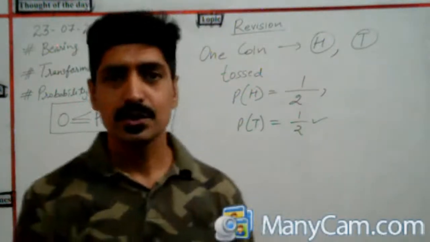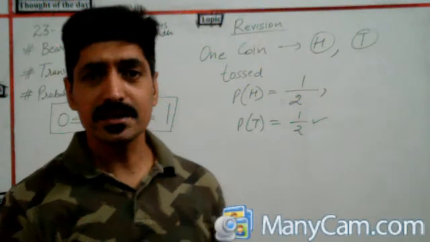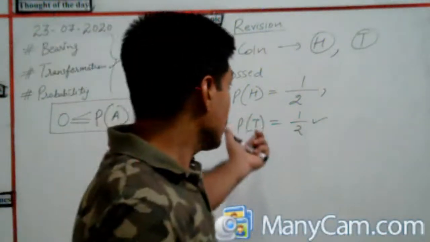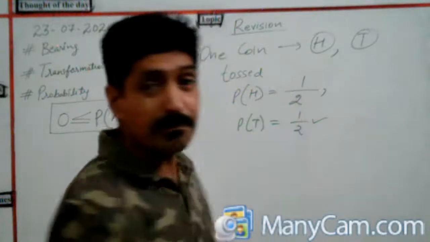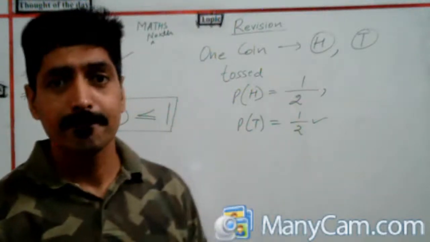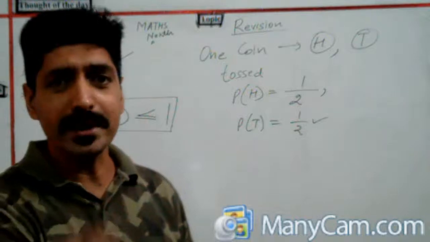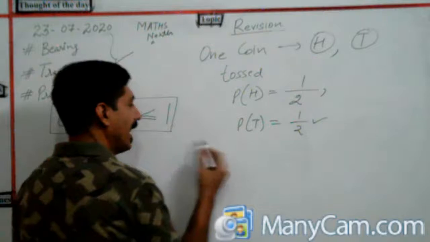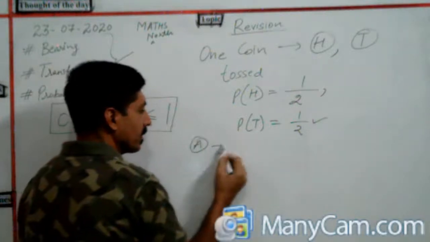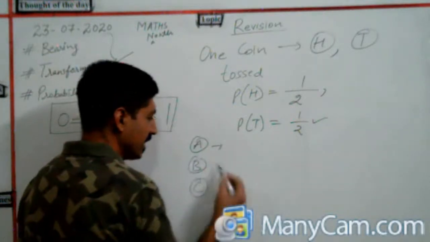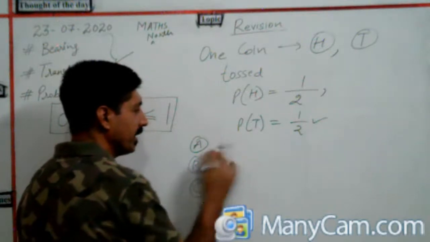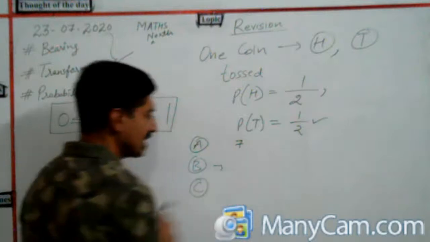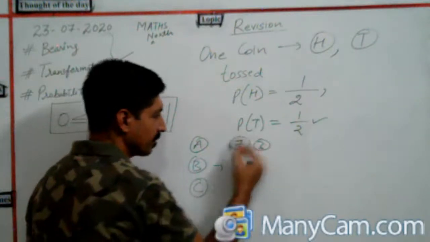So here, this is the concept. We are not performing the activity. If we are throwing a coin 10 times, and if I am A, you are B and C, three students. If I am throwing a coin, maybe seven times head is coming and three times tail is coming.